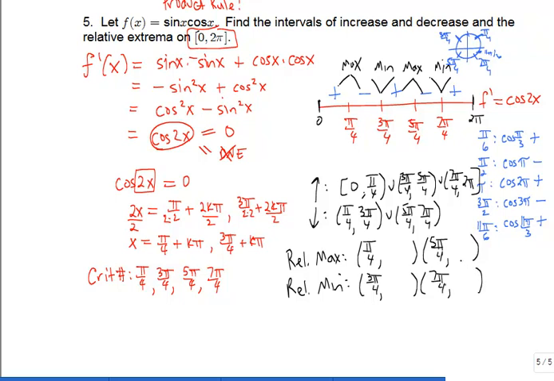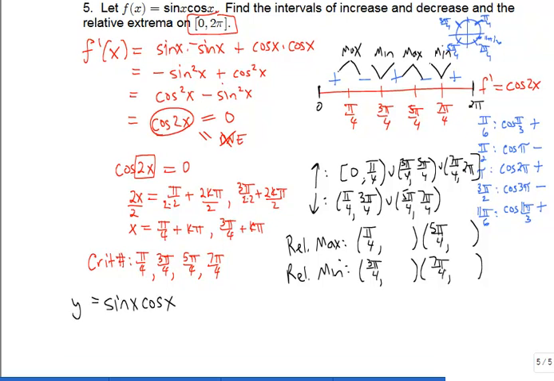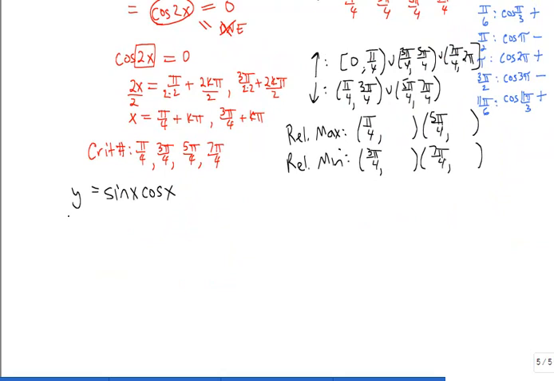And to find these y values, we're going to go back to our original function, which was sine x cosine x. That was what our function y was. So if we were to plug in pi over 4, sine of pi over 4 is root 2 over 2. Cosine of pi over 4 is root 2 over 2.